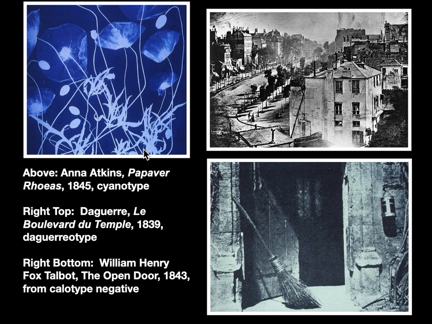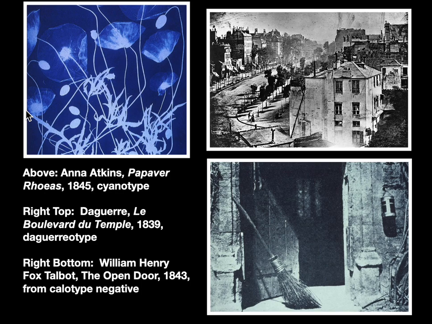The areas covered by the objects block the light from the paper, and the areas left exposed turn dark. That's a contact print. That's what we have here with Anna Atkins. Anna Atkins created what are called cyanotypes, and cyanotypes use this contact printing method to create these photographic works of art.